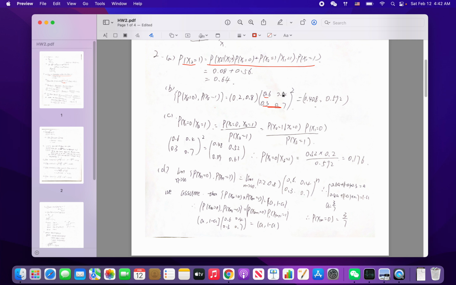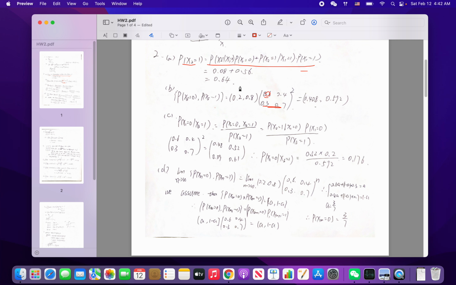So if we square it, we get the matrix, which is also 2 by 2, and the value at this position means when x1 is 0, this is the probability that x3 is 0.